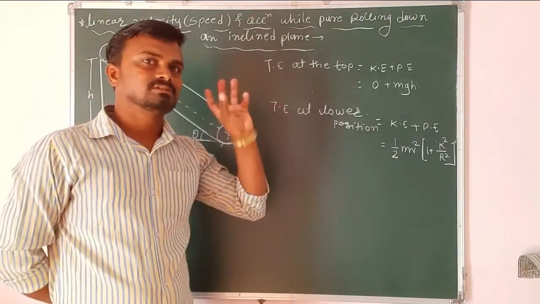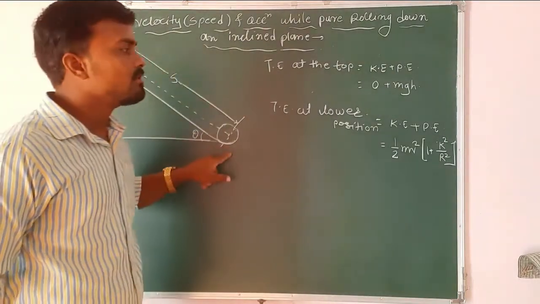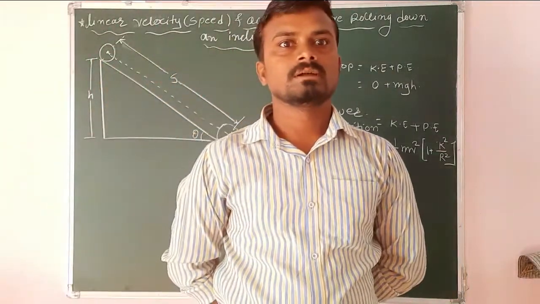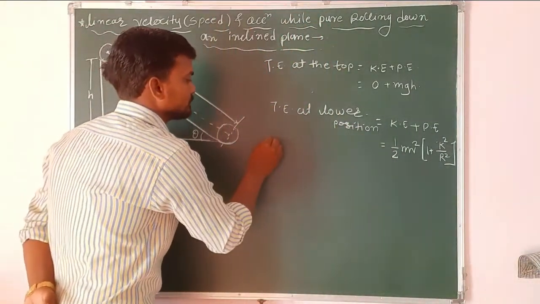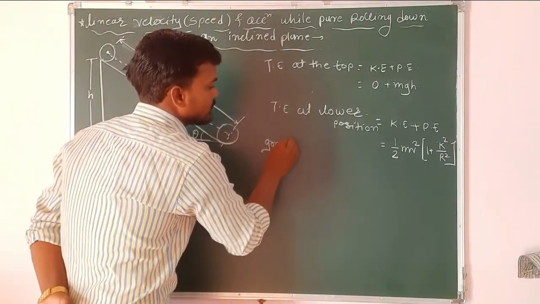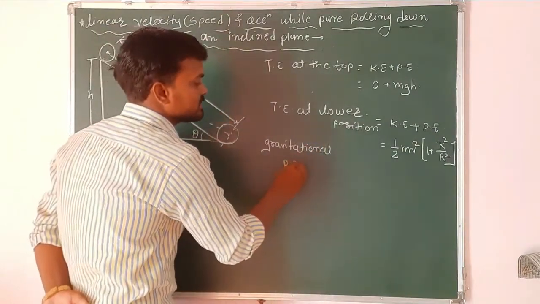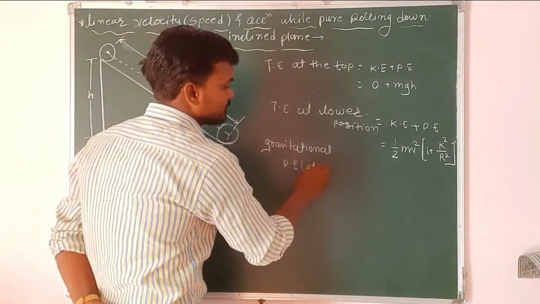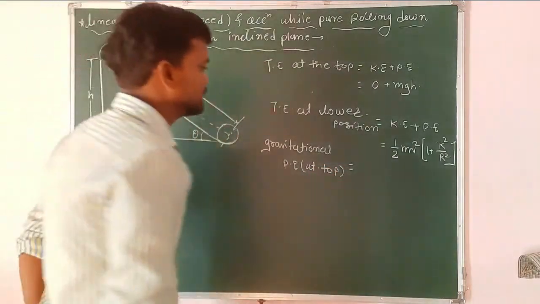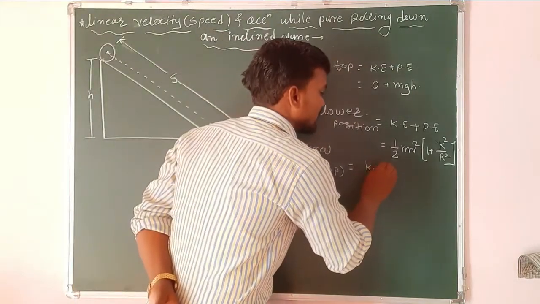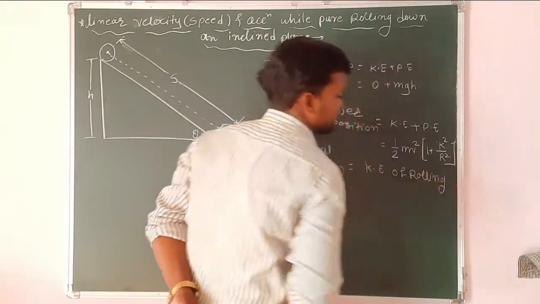In this case, gravitational potential energy is fully converted to kinetic energy of rolling motion by the law of conservation of energy, and we can write: gravitational potential energy at top is equal to kinetic energy of rolling motion, by the law of conservation of energy.